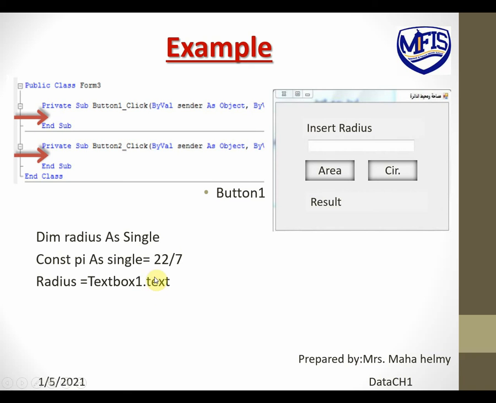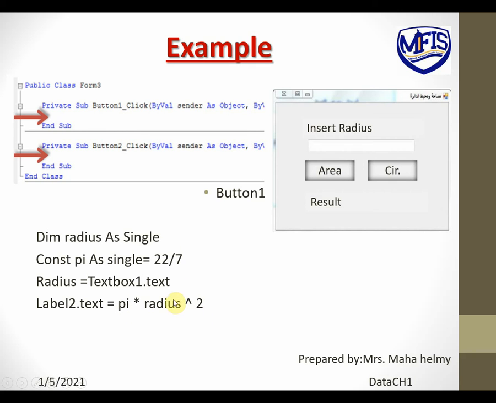After declaration and after assigning the value of radius, we have to use the rule of the area of the circle. The result of the equation will be displayed here in the result label, Label2. So we will say Label2.Text = the rule of the area: pi times radius power 2.